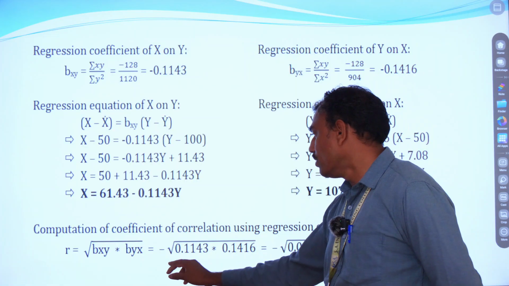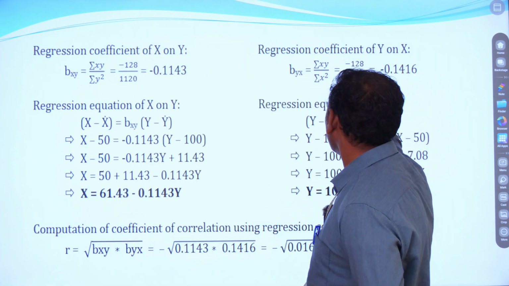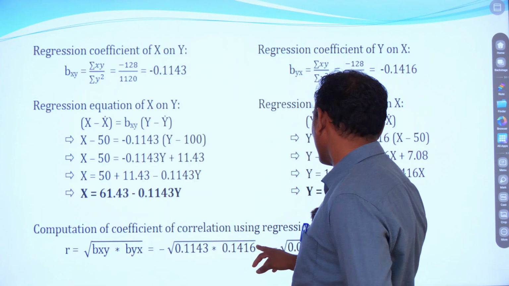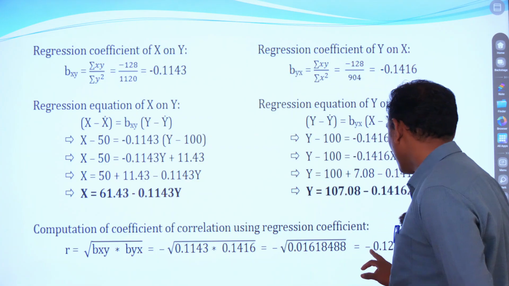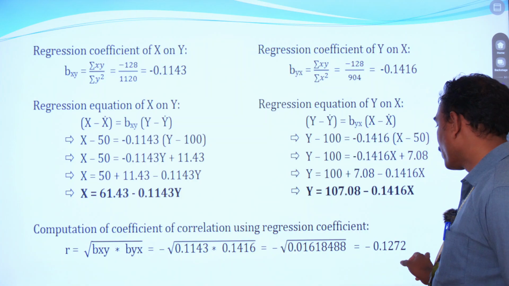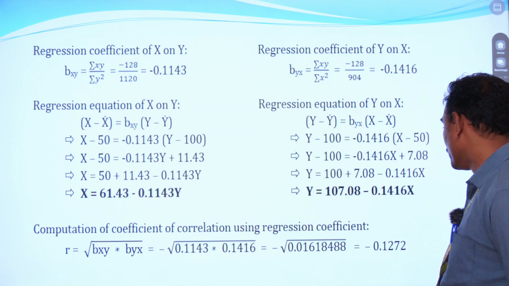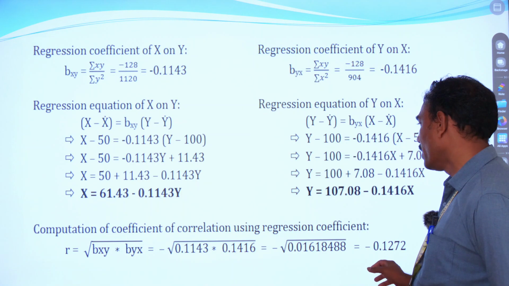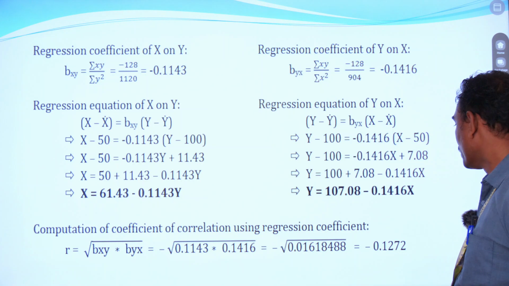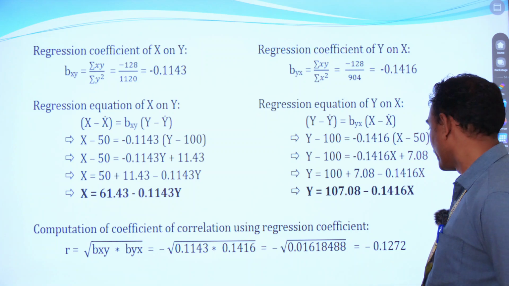So it equals minus root of 0.1143 into 0.1416, which is minus 0.1272. This gives a negative correlation, and it is close to 0.